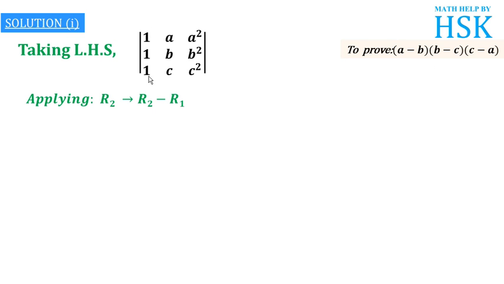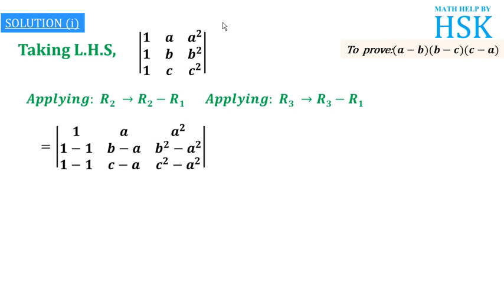On observing the determinant, the first column contains all three elements as 1. So I can easily make two of the elements of the first column equal to 0 by applying R2 → R2 − R1 and R3 → R3 − R1.